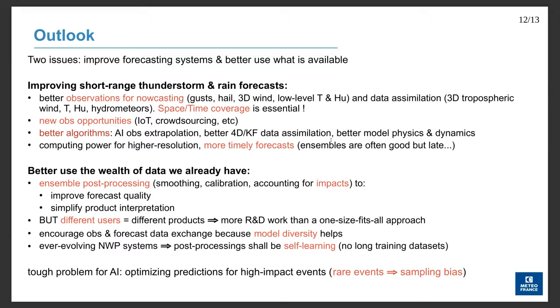So that means more work to optimize the product for each of them. And I recommend using as much as possible several model systems because it's a consistent result that forecast products can be much improved thanks to the combination of independent prediction systems.